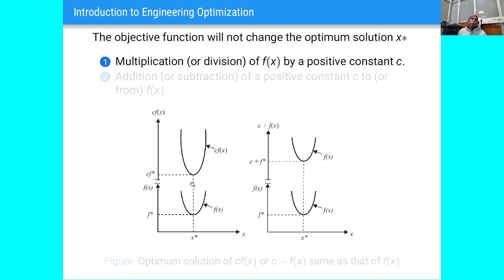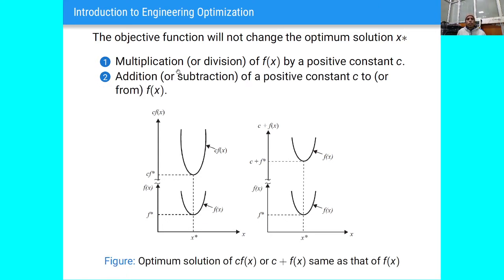Suppose we are multiplying this function by a certain constant c, the optimum value of x is not going to change. So here we have multiplied by constant c, so f(x) becomes c f(x), but the value of your optimum point remains the same, that is the x star.